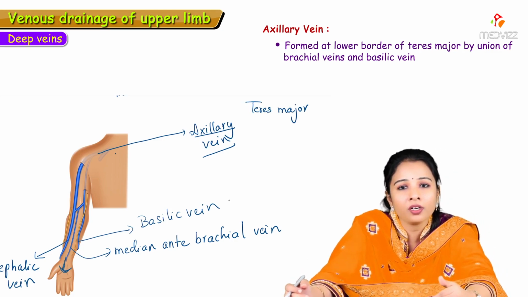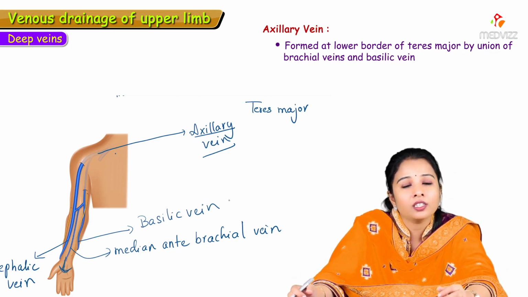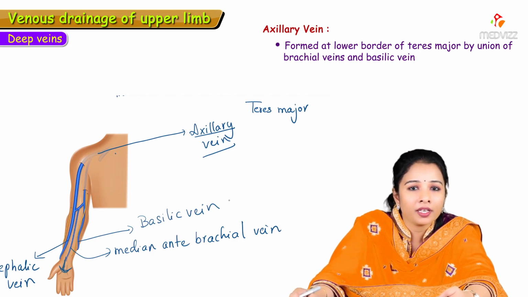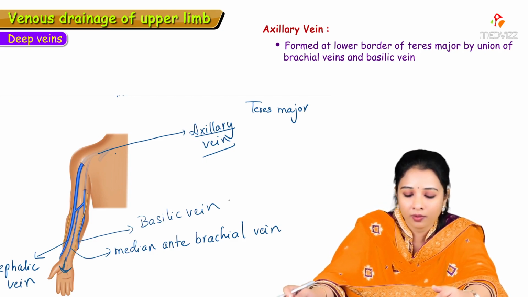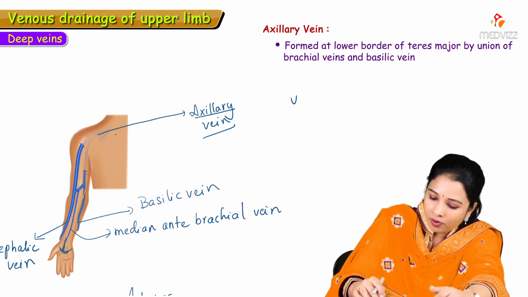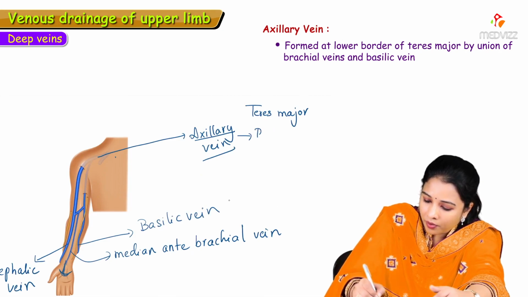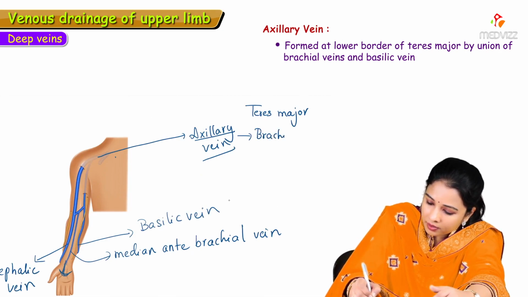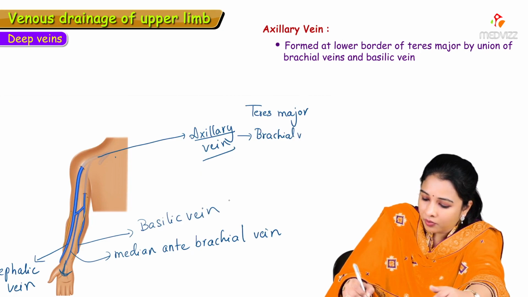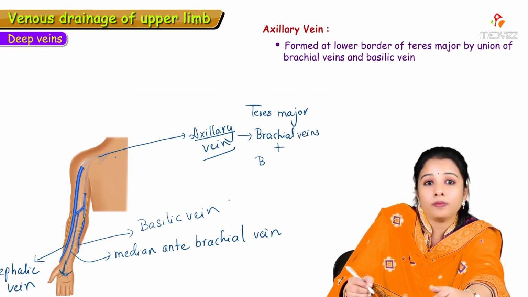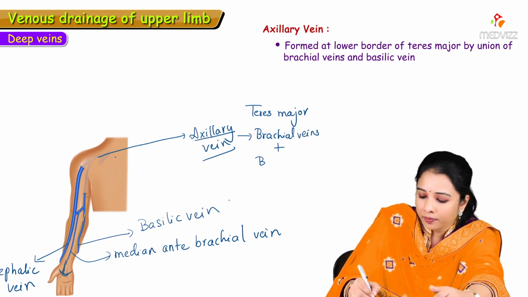Above the lower border, it is axillary. It is formed by the union of brachial veins, the venae comitantes of the brachial artery, plus the basilic vein.